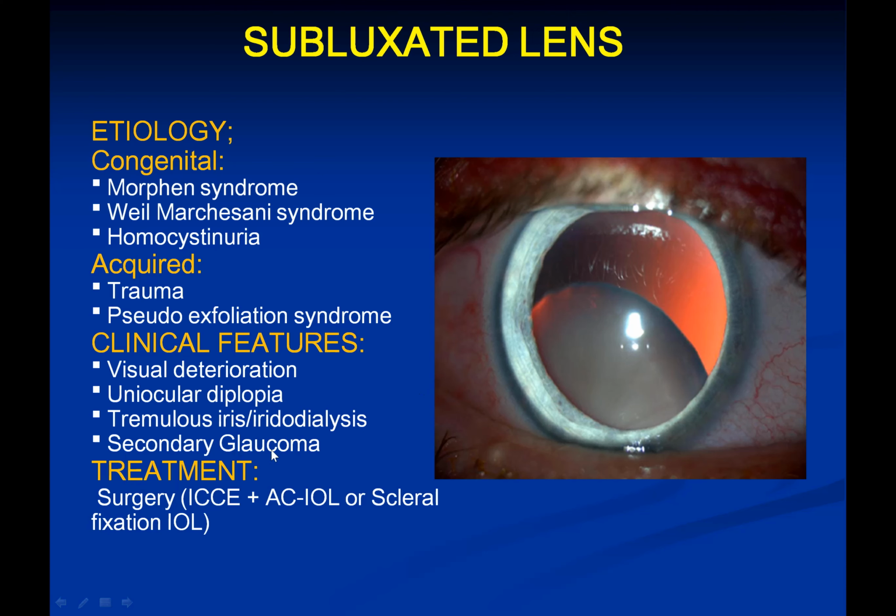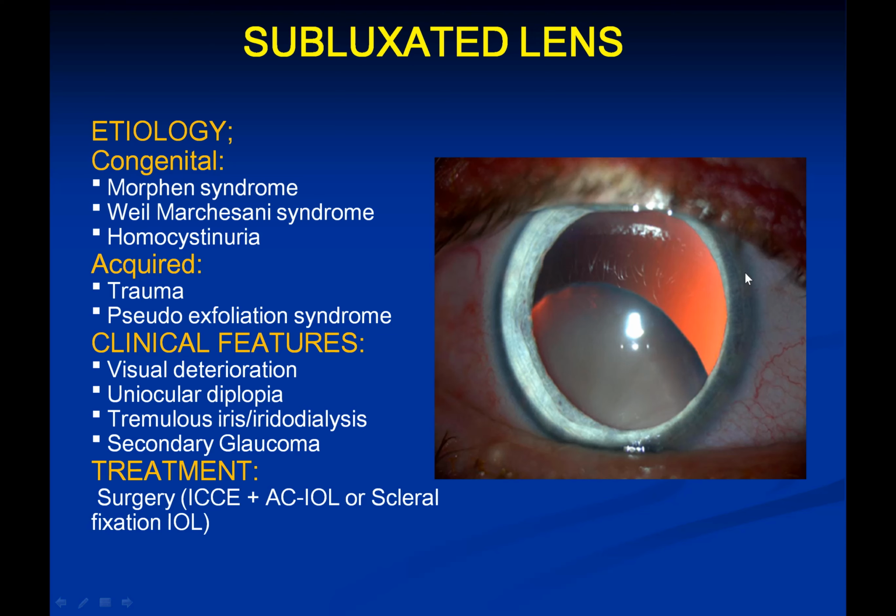And then secondary glaucoma, and patients sometimes develop iridodialysis. Dialysis means total disruption of the zonules in a major portion of the lens. You see in this picture it is not there, but the trauma that damaged the lens has also traumatized the iris roots, and the iris evulses from its root.